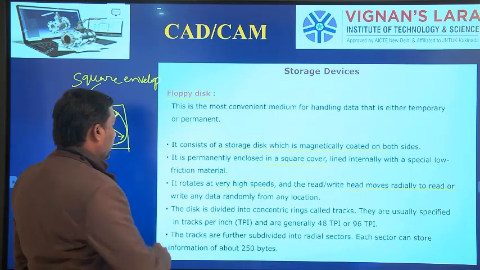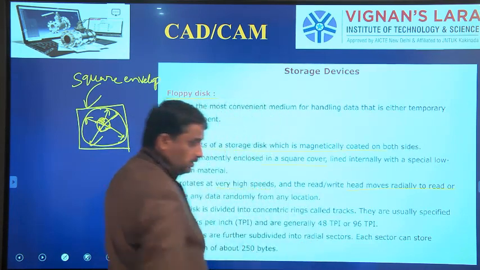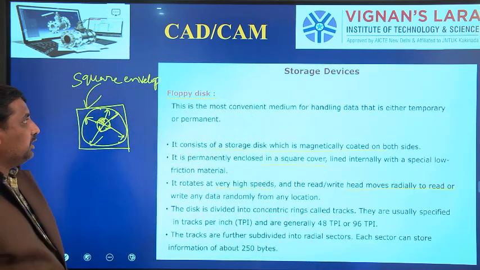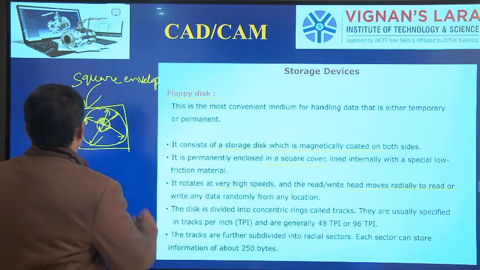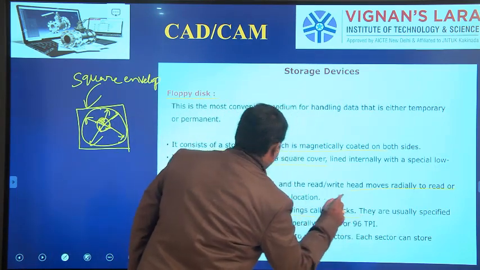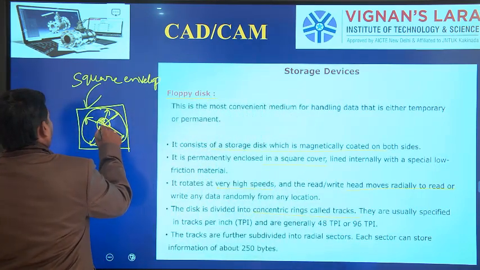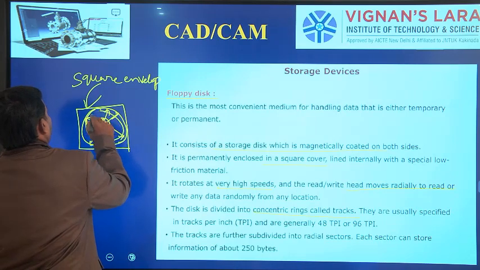Next, the disk is divided into concentric rings called tracks. The disk is the magnetically coated storage disk, divided into concentric rings called tracks. Concentric means a single center. The tracks on the disk are like this.